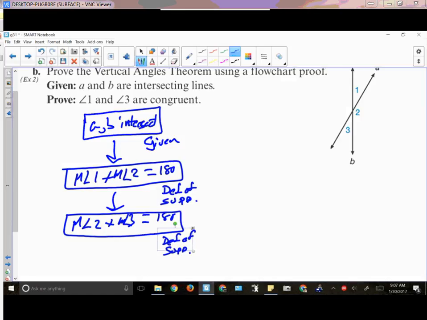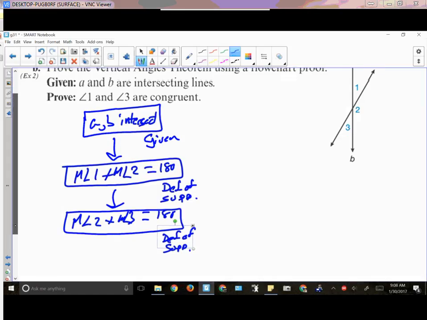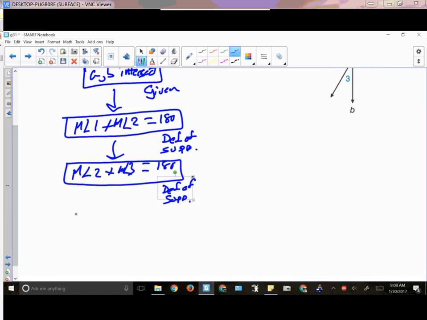Could I then say that, let's see, okay, I've done that, I've got that 2 in there. I've got that 1 and 3 are congruent, correct? So from what I've got up here, can I state that the measure of angle 1 is equal to the measure of angle 3? Why should I be able to say that?